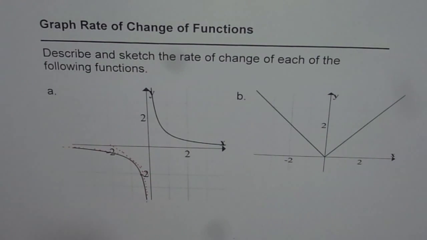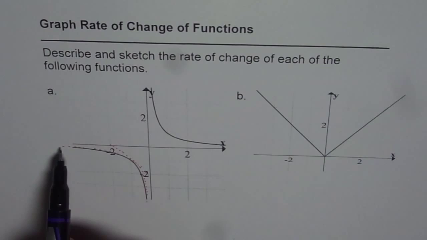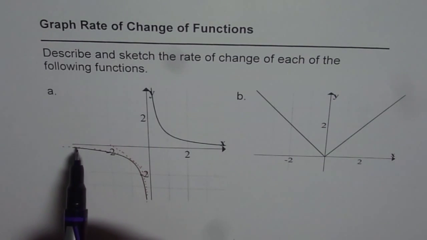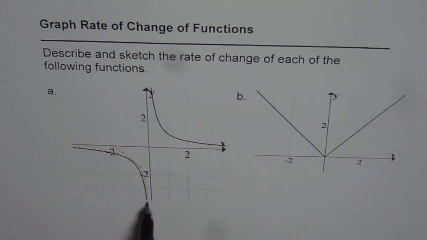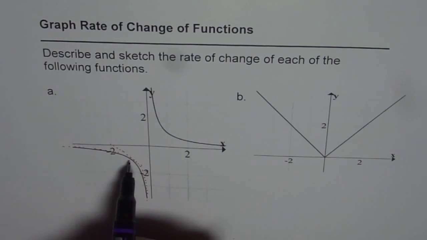So as you can see, the slope is almost 0 on the left extreme and infinitely large but negative as we approach 0, right? And it is 1 here.